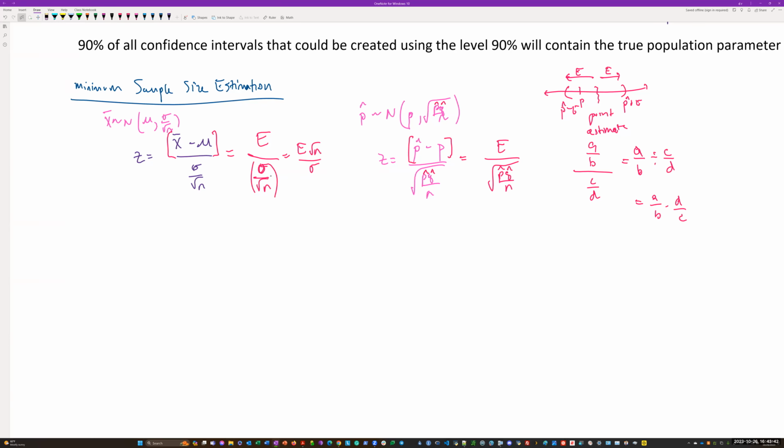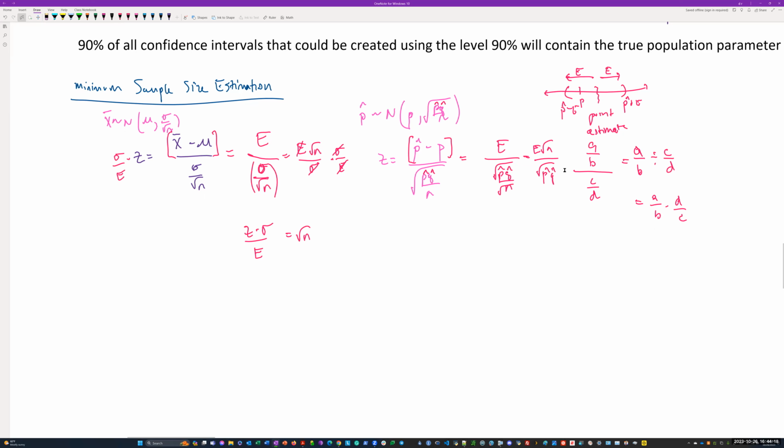But then this thing here can be rewritten as the square root of this over square root of this. Now I just solve for n. So I got to get the n by itself. So then square root of n, if I multiply this by sigma over E, and then multiply this by sigma over E, this thing will cancel, that thing will cancel. Then we get z times sigma over E. Does that make sense?